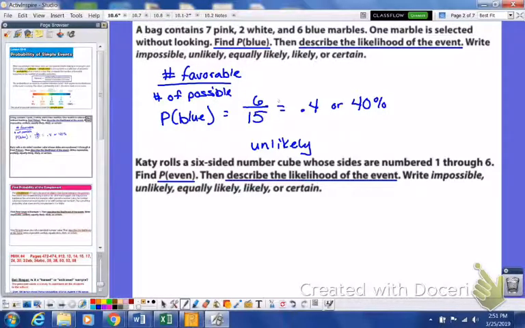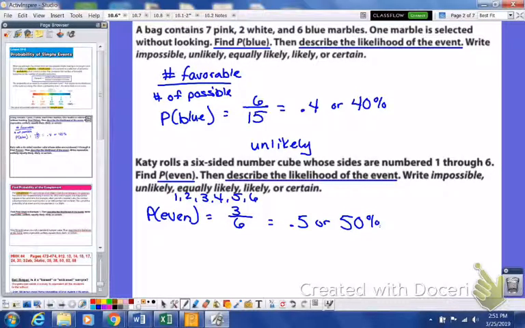Okay, next one. Katie rolls a 6-sided number cube whose sides are numbered 1 through 6, so our normal dice. We want to find the probability of rolling an even. So the probability of even, we've got 1, 2, 3, 4, 5, and 6. How many of them are even? 2, 4, and 6 are even, so that's 3 out of 6 possibilities, which gives us 0.5 or 50%.